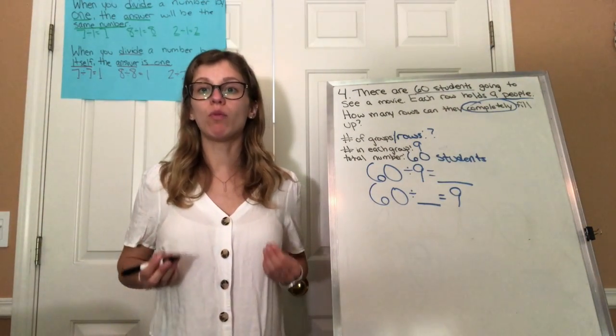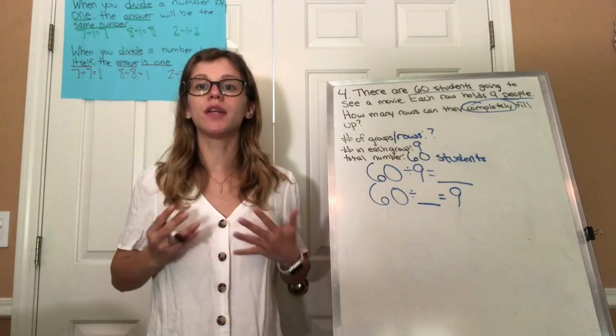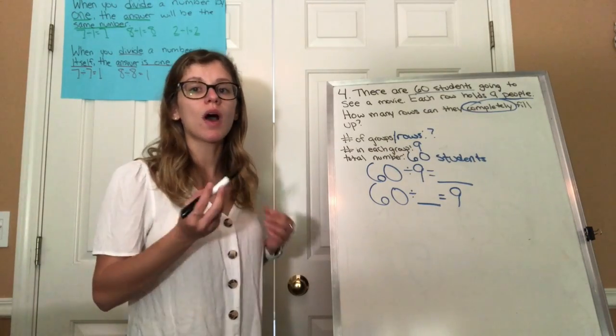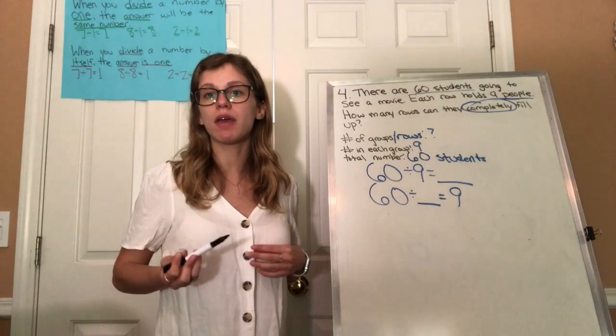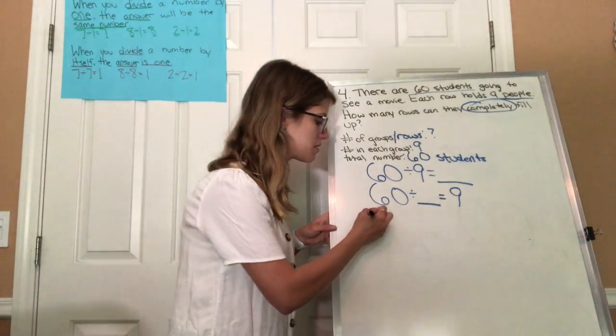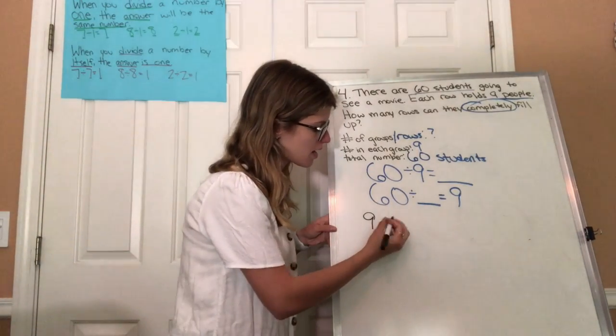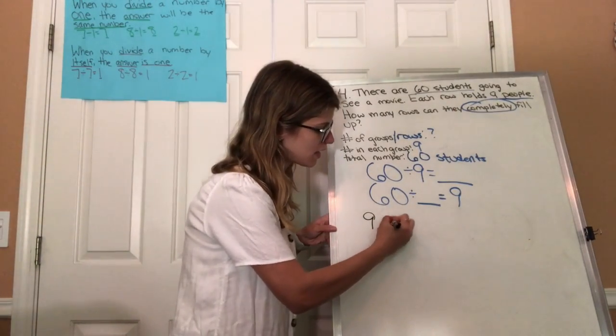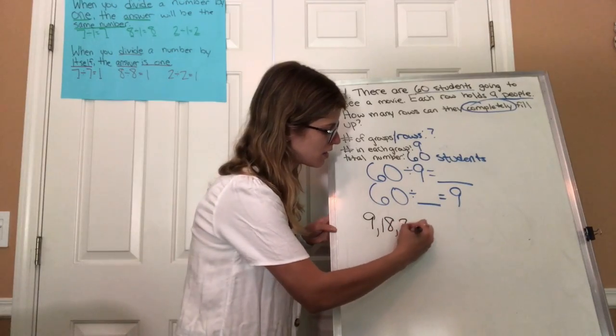In this problem, again, we're trying to figure out the number of groups. So I'm going to see how many groups I can make with 9 in each by skip counting. So I could say 9, and 9 plus 9 would be 18. 18 plus 9 is 27.